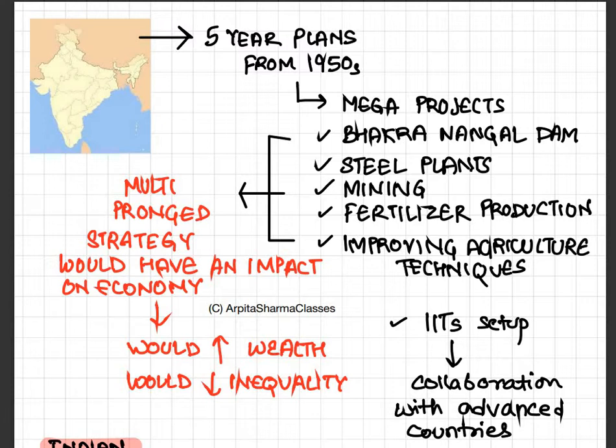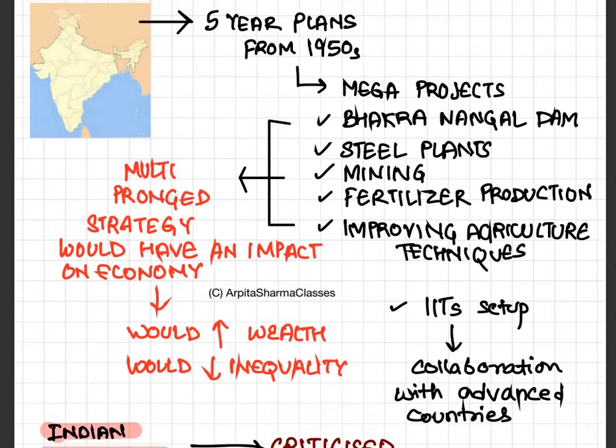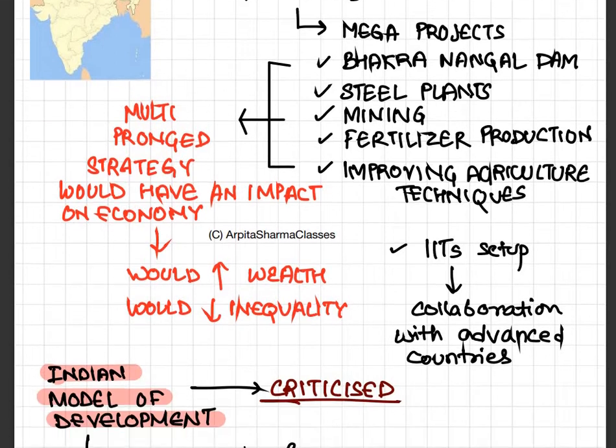So under the 5-year plans, India focused on establishing mega projects like Bhakra Nangal Dam, steel plants, mining activities, fertilizer production, improving the agricultural techniques, etc. These were a multi-pronged strategy, and the aim of framing these strategies was to make a very long-lasting impact on economy, to increase the wealth of the country, to reduce the inequality in the nation. This was the motive behind formulating the 5-year plans. And that is why we also set up IITs, and we collaborated the IITs with advanced countries so that education could improve. And when education improves, human resources also increase.